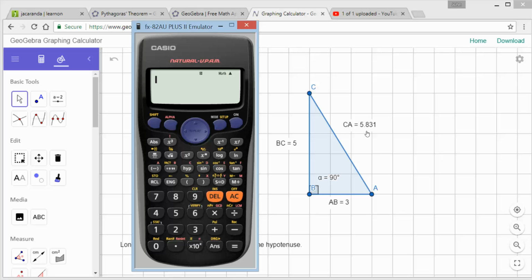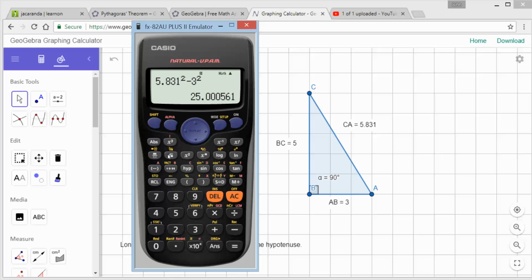And you go, right, well, let's confirm. So CA here, what's this side? Right, it's opposite the right angle, the longest side, 5.8 something. This one's 5, this is 3. So we know that's the hypotenuse. So if we go 5.831 squared, and let's say we subtract our 3 squared, we get 25.000 something.